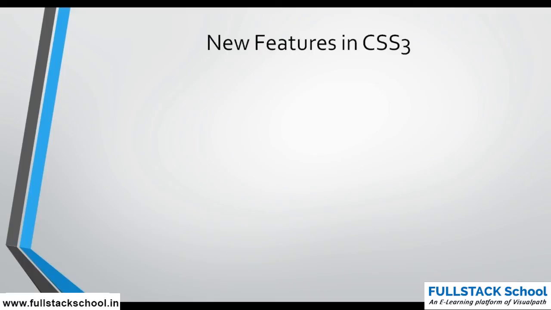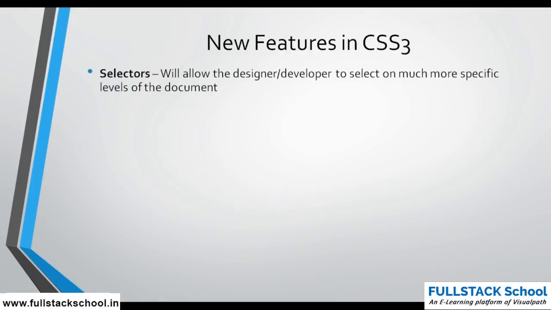Let's understand some of the new features in CSS3, which are selectors, like I explained in the previous slides. In short, they allow the designers or developers to select at a much more specific level of the document.